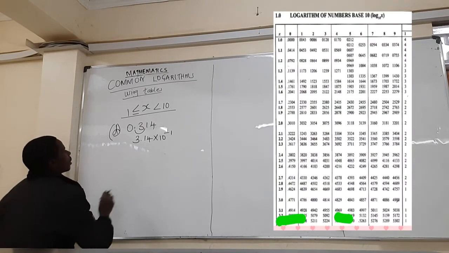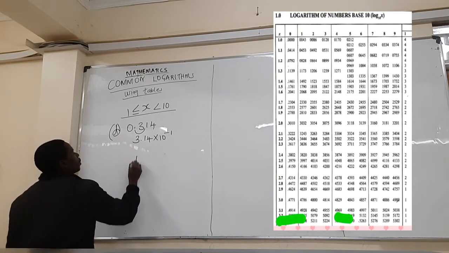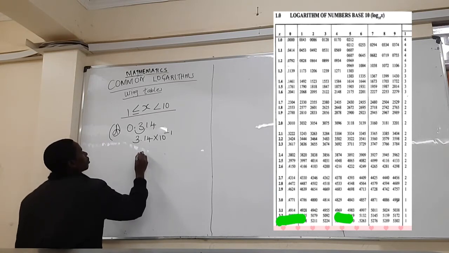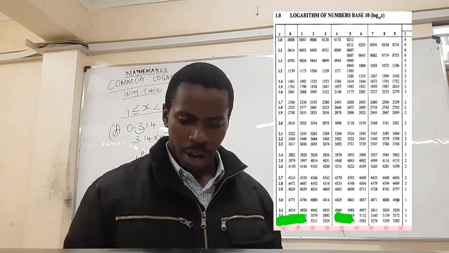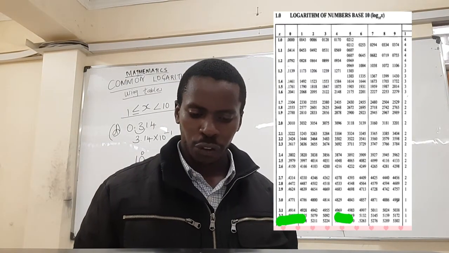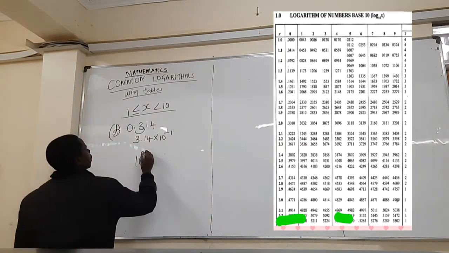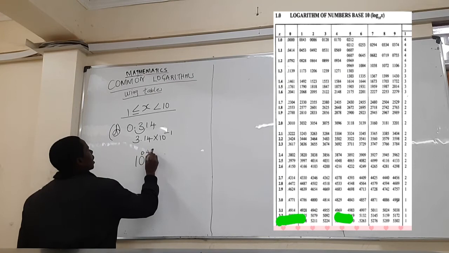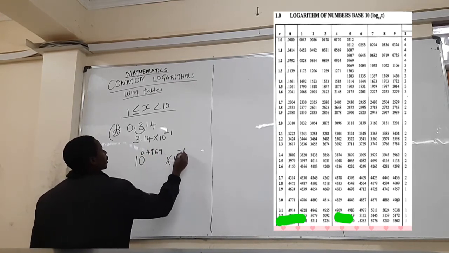So here we read the value of the log of 3.14, which is the same as 10 power 0.4969. Then we have 0.4969 times 10 power negative 1.